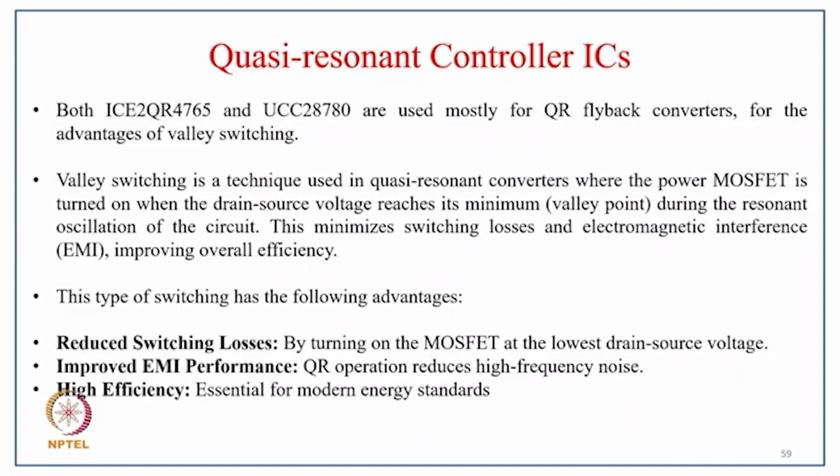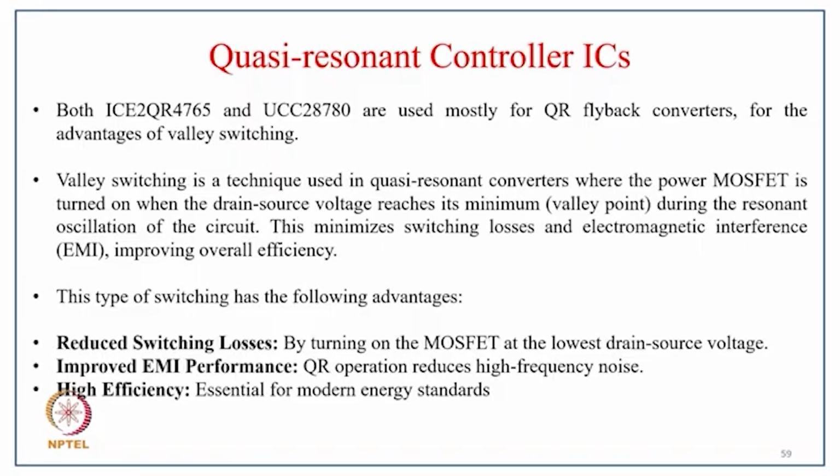Both the ICE2QR4765 and UCC28780 are used mostly for QR, quasi resonant, flyback converters for the advantage of valley switching. Valley switching is a technique used in the quasi resonant converter where the power MOSFET is turned on when the drain source voltage reaches its minimum valley point during the resonant oscillation of the circuit.